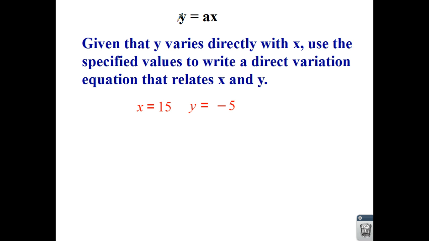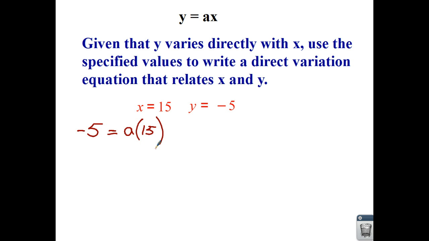So given that y varies directly with x, I want you to use the given values to write a direct variation equation that relates x and y together. All right, so simply put, you're given a y value. So y is equal to -5, and that is going to be equal to your a multiplied by your given x value, which is 15.